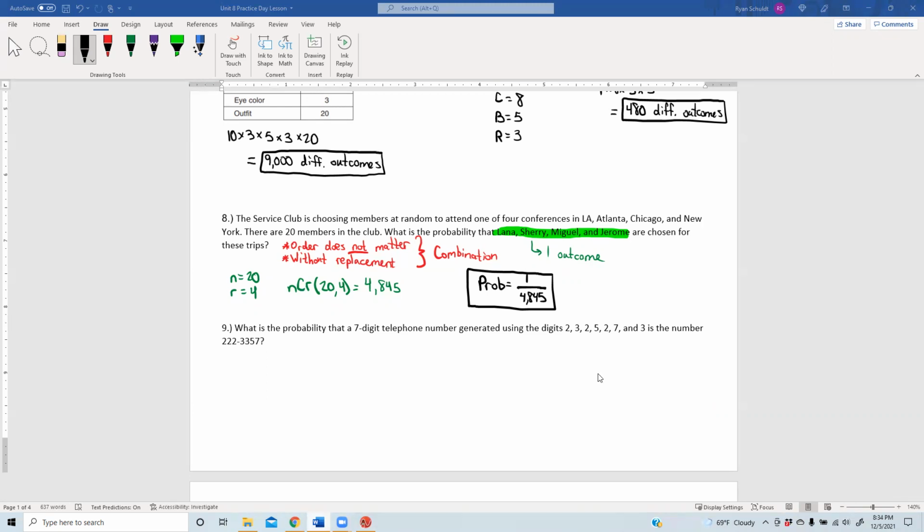Okay, number 9. What's the probability that a 7-digit telephone number generated using the digits 2, 3, 2, 5, 2, 7, and 3 is the number 222 3357? Well, let's see. There are 7 digits here. So the way I could arrange this, the number of arrangements, would be 7 factorial.